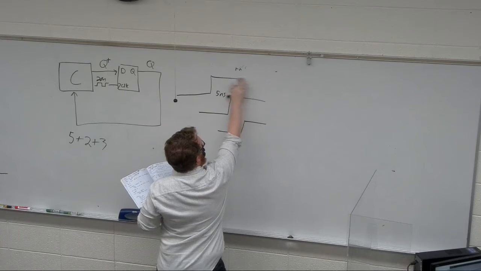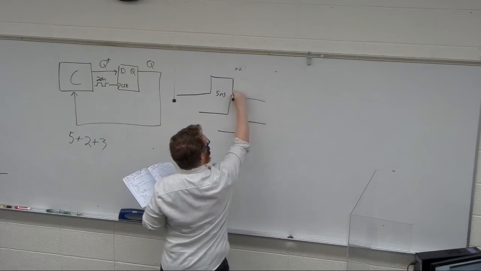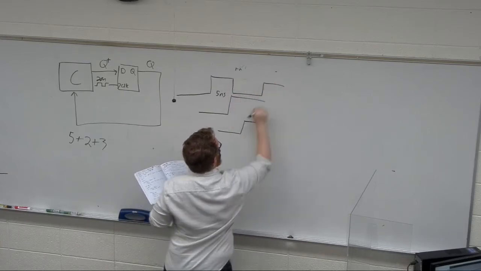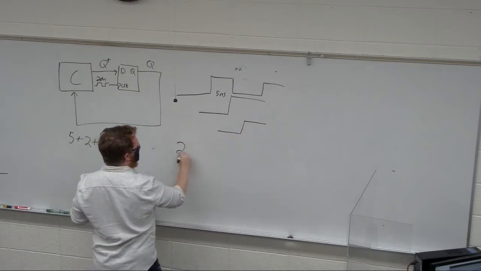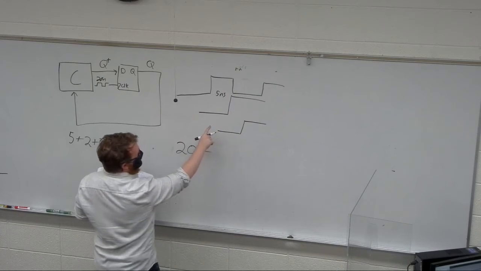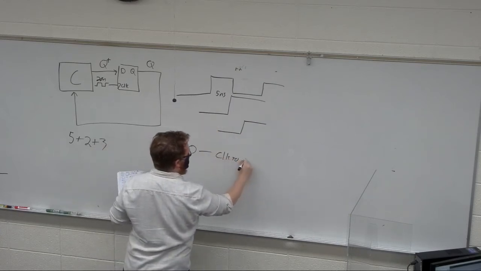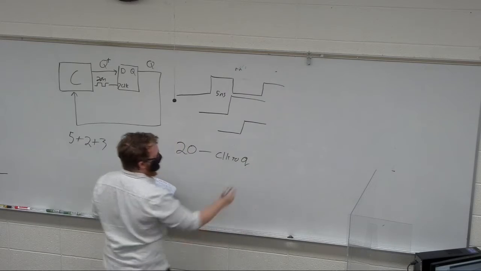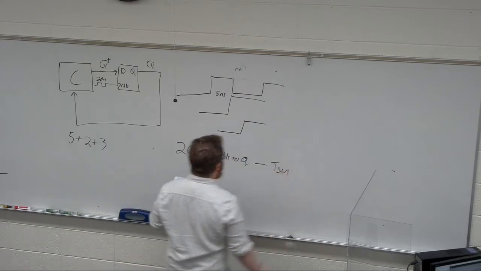So before I can have my next clock, I need to have my period minus whatever my clock to Q is, minus however much time I need to set it up.